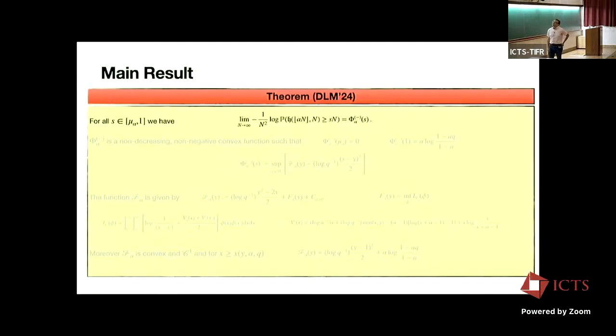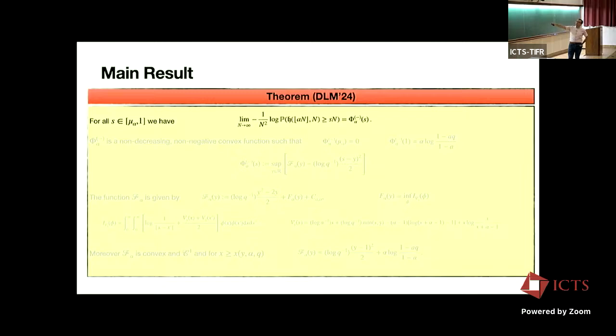So let me present the main result, of myself, Sayan, and Yuchen. This is slightly difficult to read, but the result is this. Consider a number S contained between the law of large numbers of the 6-vertex model and 1.